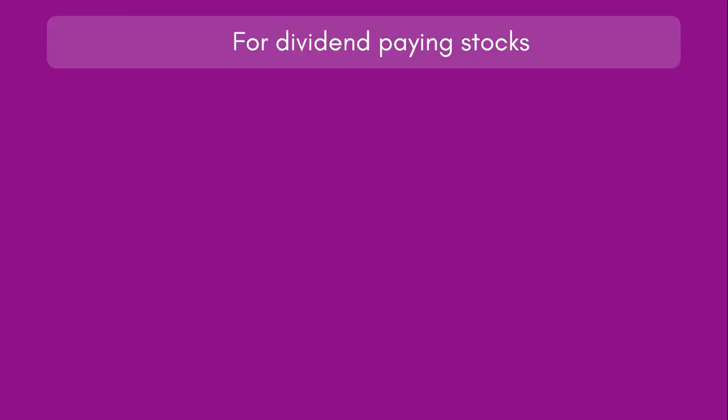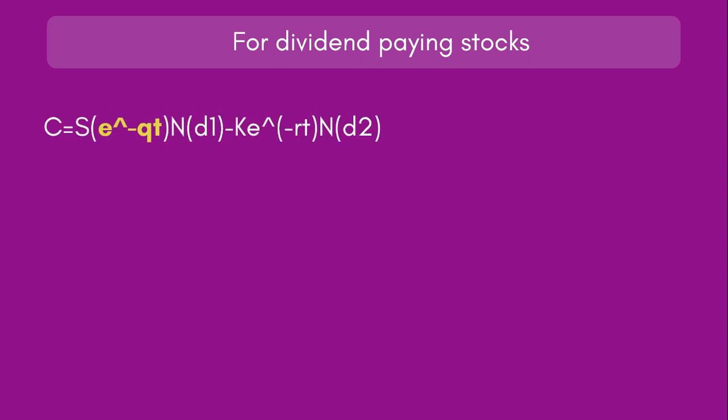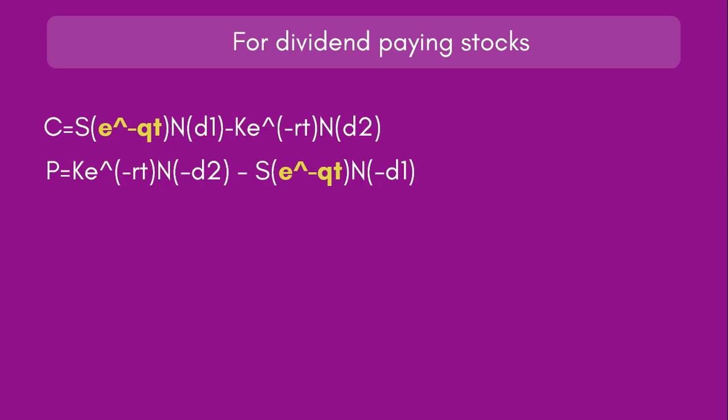Now, as I said, the Black-Scholes calculator was first introduced for stocks without dividend. They later improvised. Now with dividend, the formula looks like this. The only thing is that a new term e to the power of minus qT will be added in call. Similarly, e to the power of minus qT is added in the put as well, and also d1 and d2 will be improvised by adding q.